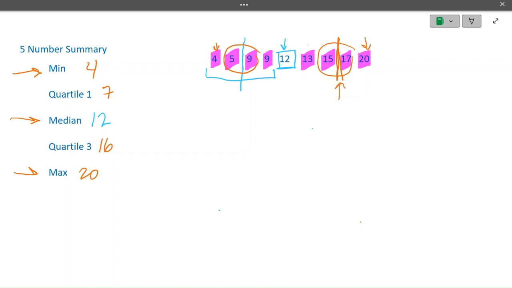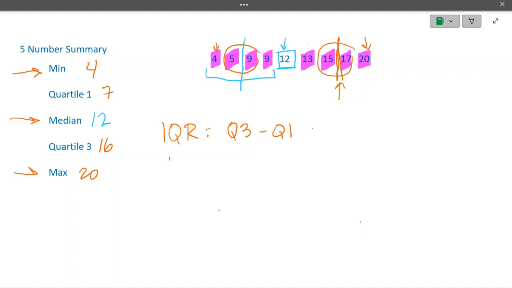All right, there is one other value associated with the five-number summary that is not part of the five-number summary, and that is called the interquartile range, and we abbreviate that as the IQR. What it looks at is the difference between quartile 3 and quartile 1. So we're trying to basically figure out the difference between the middle two values.